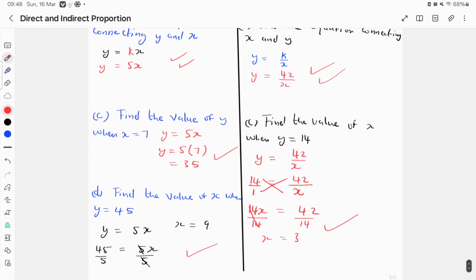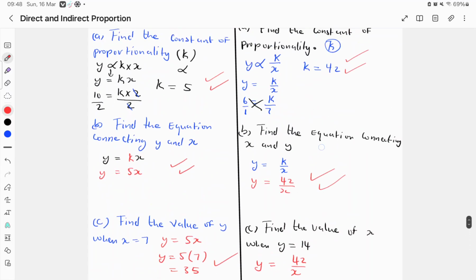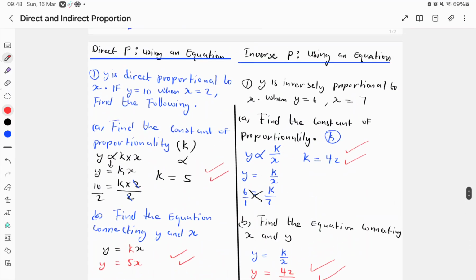In the next part we're going to look at different, more difficult questions, but the basics are the same. You find the k, you find the equation, you solve whatever they're asking for in 3 stages, and you are sorted. Okay, let's move on.